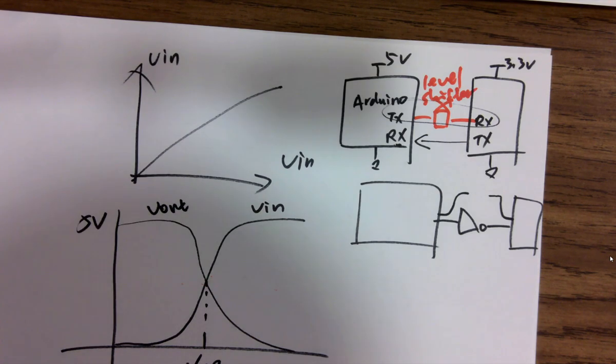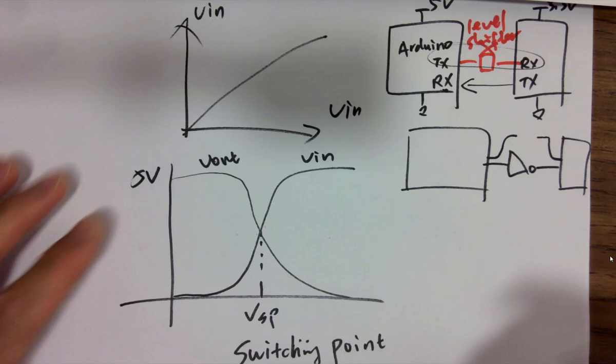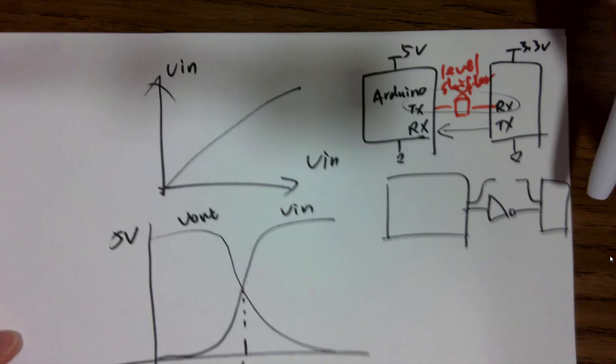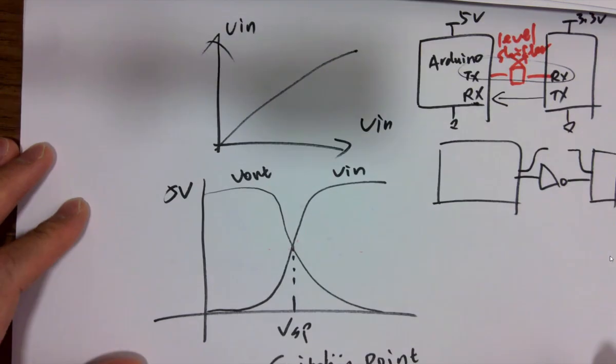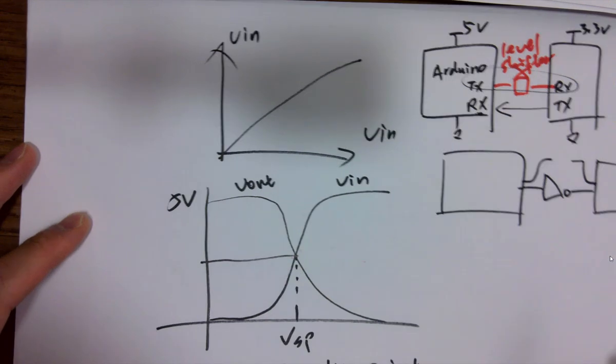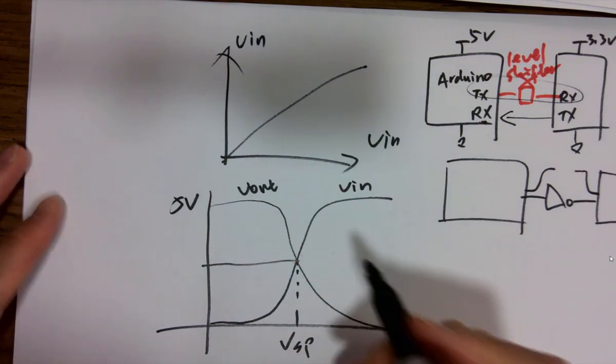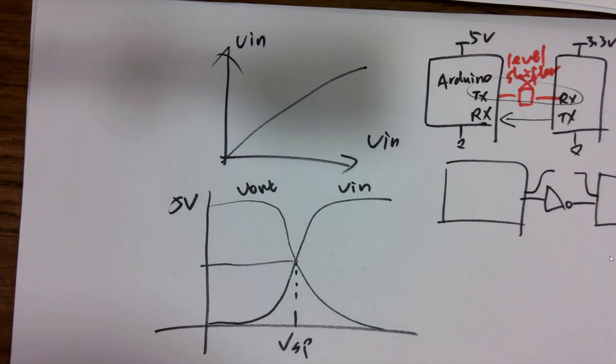So how do we calculate VSP? If you look at VSP, it's basically where the input and output cross.